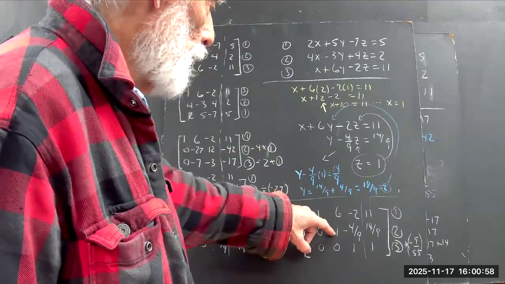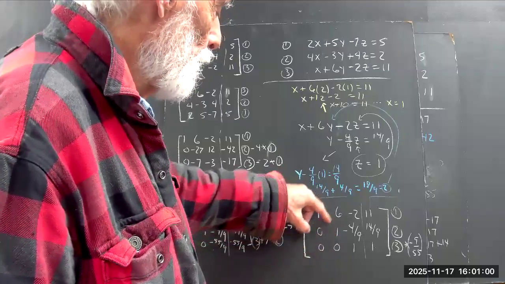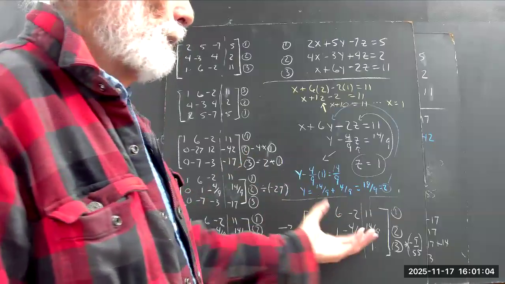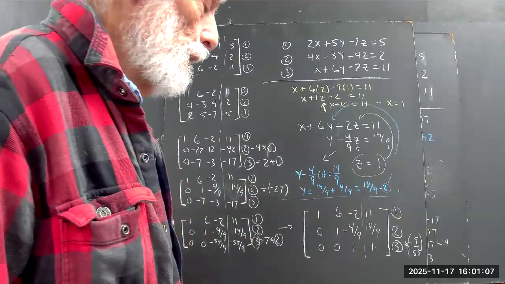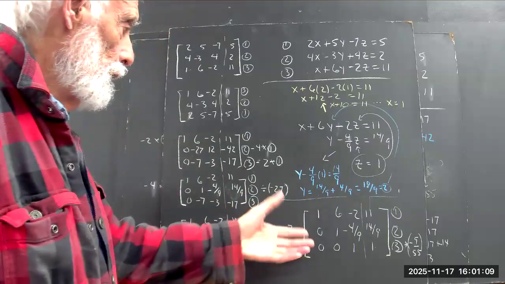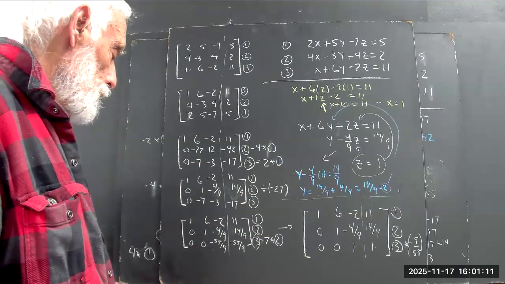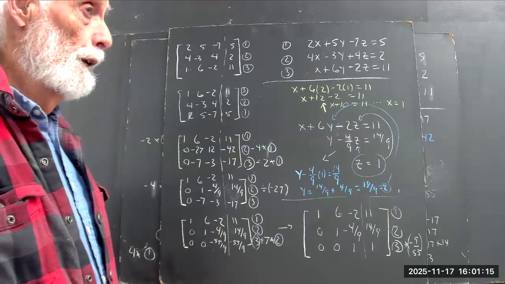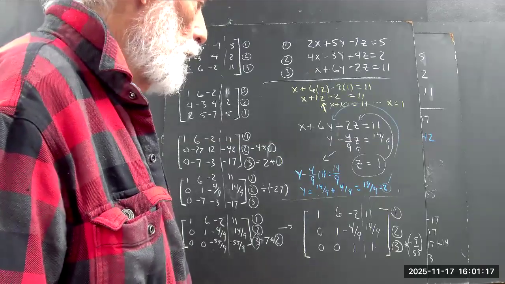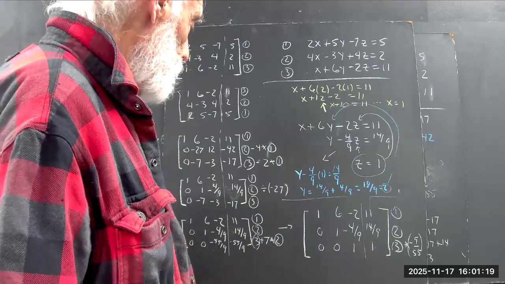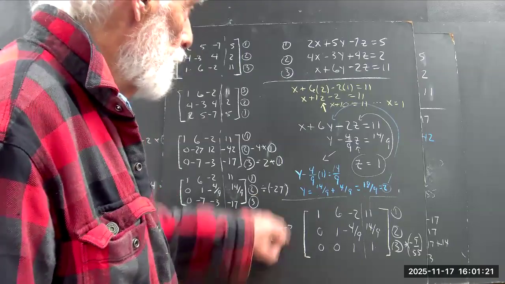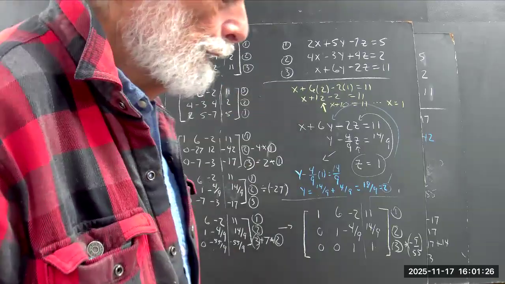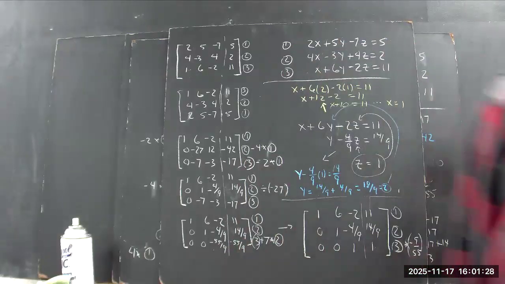And previously, we could have added -6 times this row to this row to get a couple of zeros here. But we're not going to worry too much about that in this course. You've seen enough. Now, there's still the idea of matrices that we'll be talking about. Well, actually, I need to talk about that now, don't I? Okay, so we'll talk about how to translate some of these things to matrix form, and pick up on that in a minute.